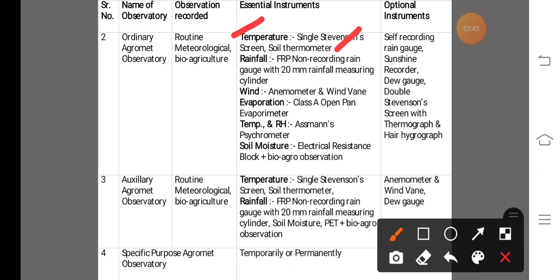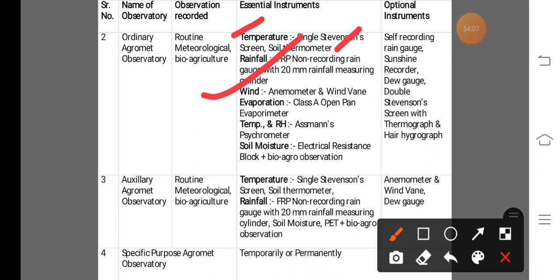Also for soil temperature, a soil thermometer is used. Next, for rainfall, only a non-recording type rain gauge is used with 20 mm capacity. Also for wind, for recording wind speed an anemometer, and for direction a wind vane is used. For evaporation, a class A open pan evaporimeter is used.